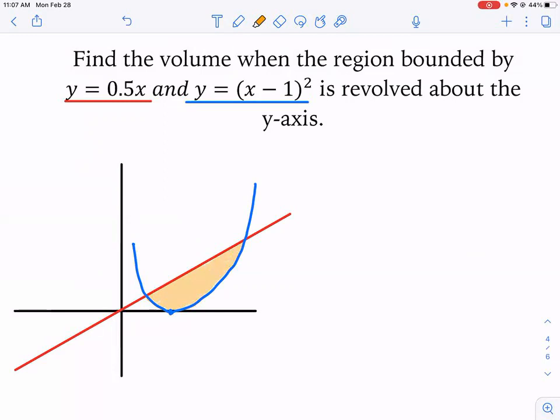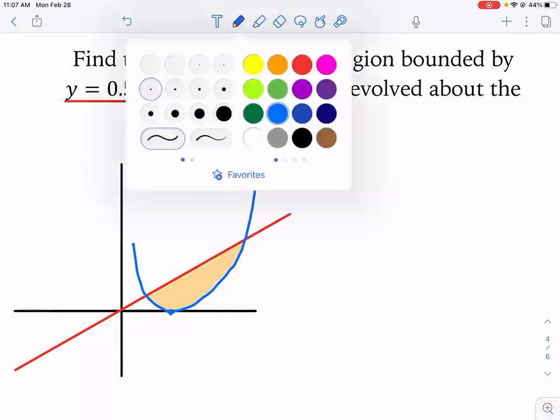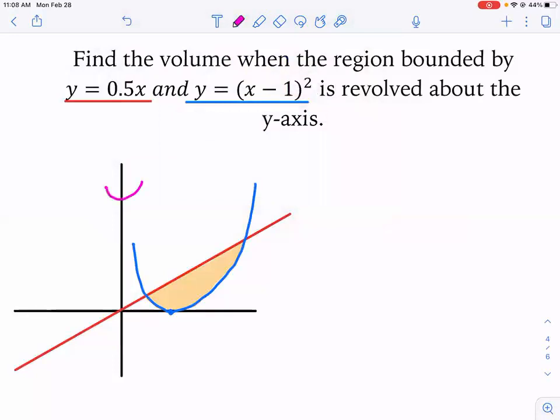So we have this region right here that we are rotating about the y-axis, right? My parabola looks really silly.